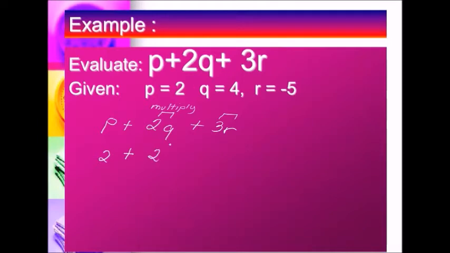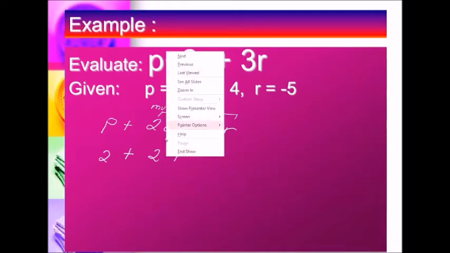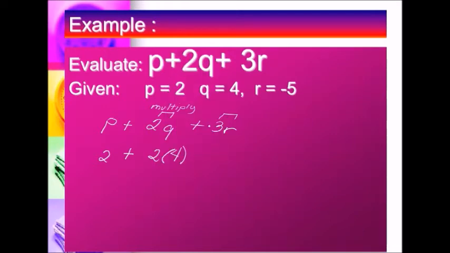Hindi siya magiging 24, kasi 2 times Q ito. So, it's 2 times 4. Bring down the plus sign. And 3R will not become 3 minus 5, kasi multiplication ulit to. Therefore, it's 3 times negative 5.